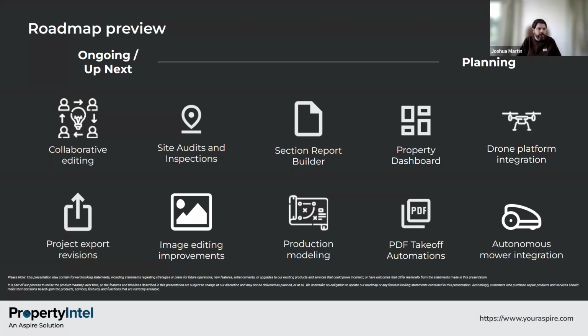So we'll be looking to bring some more of those efficiencies to PDF takeoffs, and being able to do some auto symbol recognition and snapping to lines to make drawing and measuring on PDFs a lot faster. And then a dashboard with your properties that's going to bring in some additional insights, where you're continuing to visualize all the different data that you're collecting on properties. And then again, continuing to use more new technology like drones and autonomous mowers.